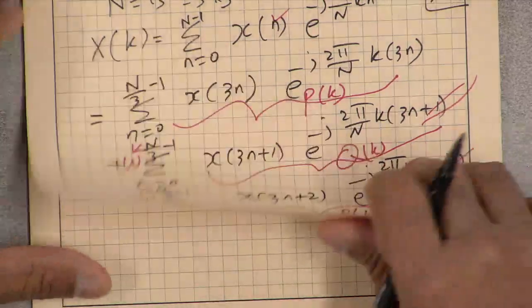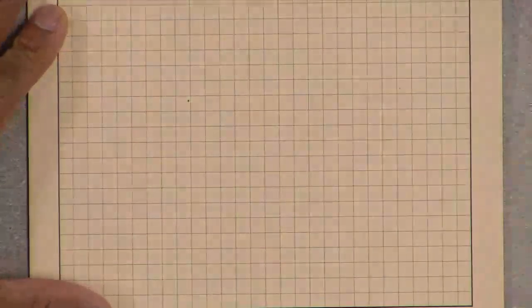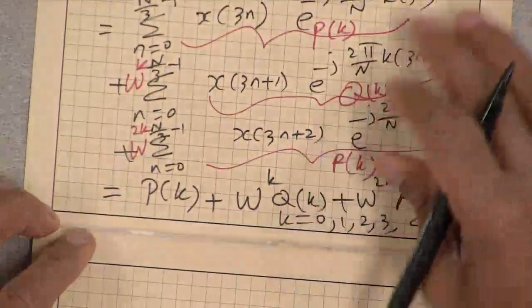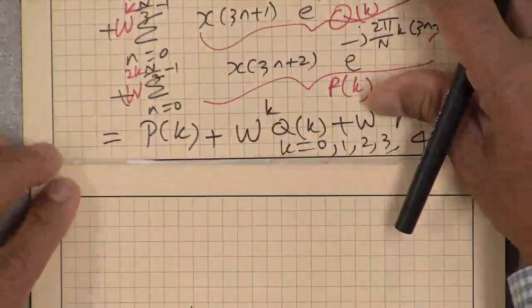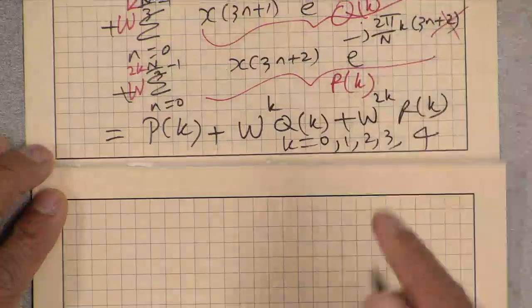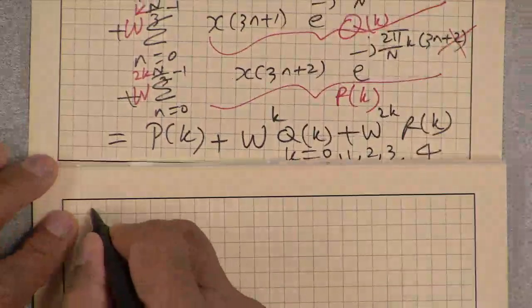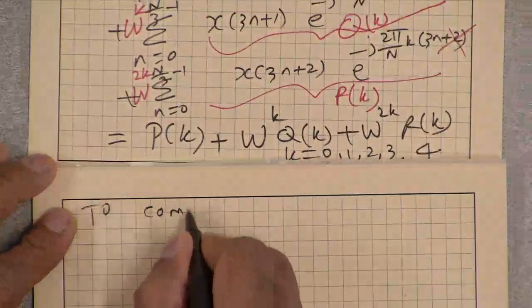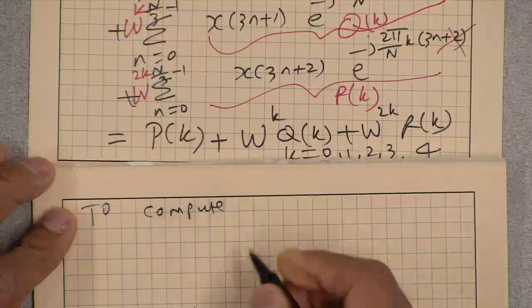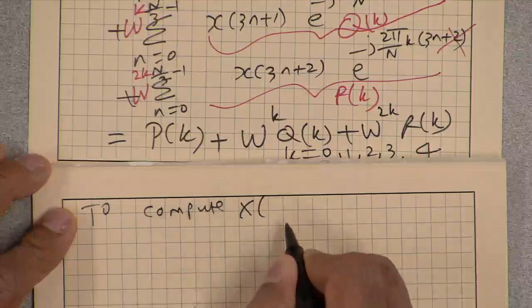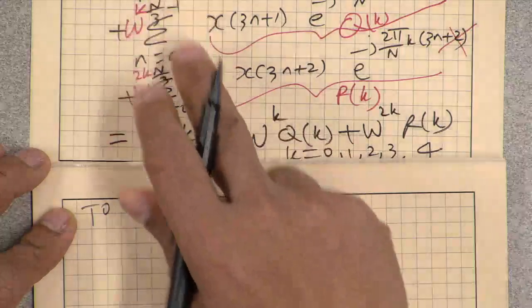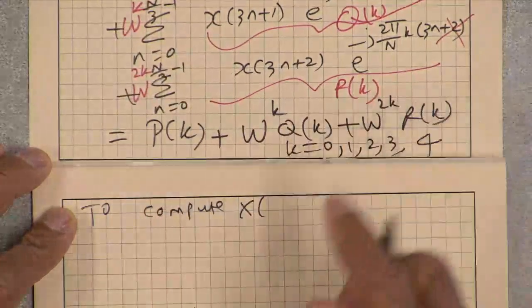So just like the decimation in time FFT, how do I compute? This will help me compute X0 through X4.